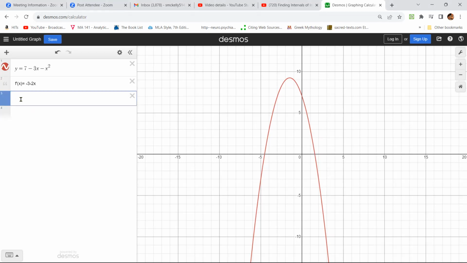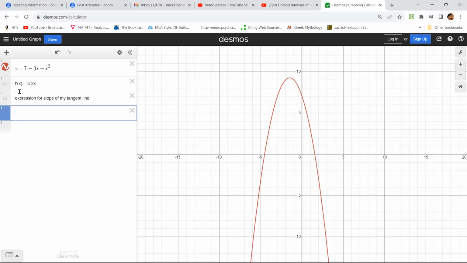That represents an expression for the slope of my tangent line, right? So I want to find the equation of my tangent line when x equals 1.